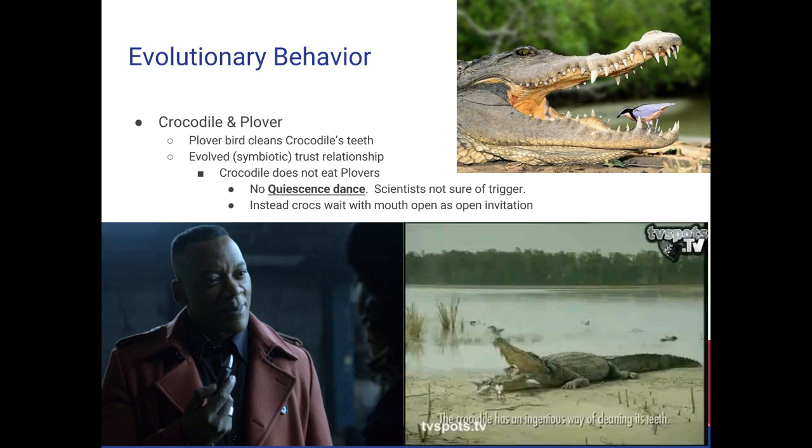It announces a free meal by opening its jaw, lets the birds carefully approach, and there's no quiescence dance, which we'll talk about in a little bit. So there's no observed trigger for this interaction, and biologists largely believe that the crocodiles just wait with their mouth open as an open invitation.